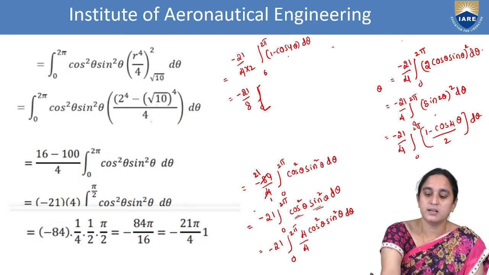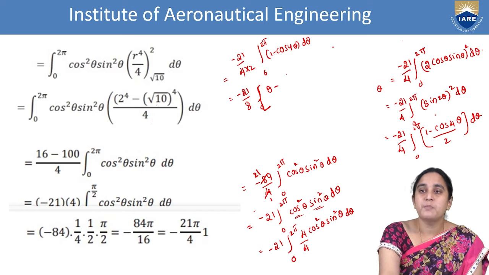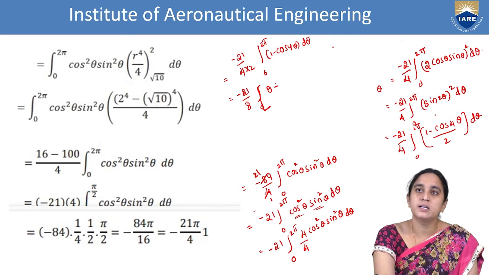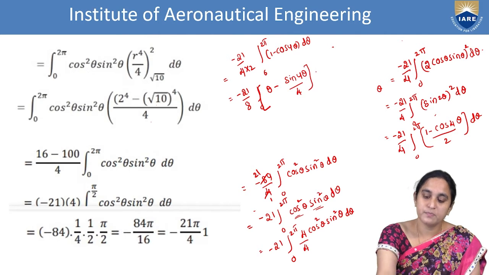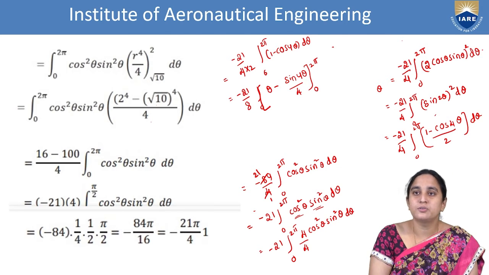Now integrating with respect to theta: the integration of 1 is theta, and minus cos 4 theta integrates to minus sine 4 theta by 4. What are the limits? Limits are 0 to 2 pi.